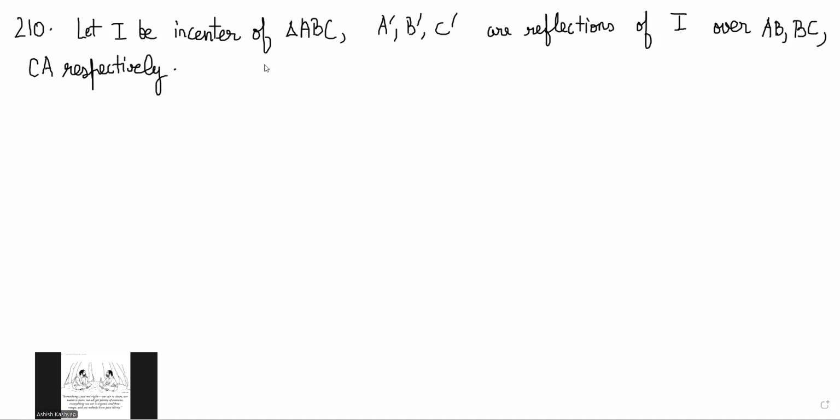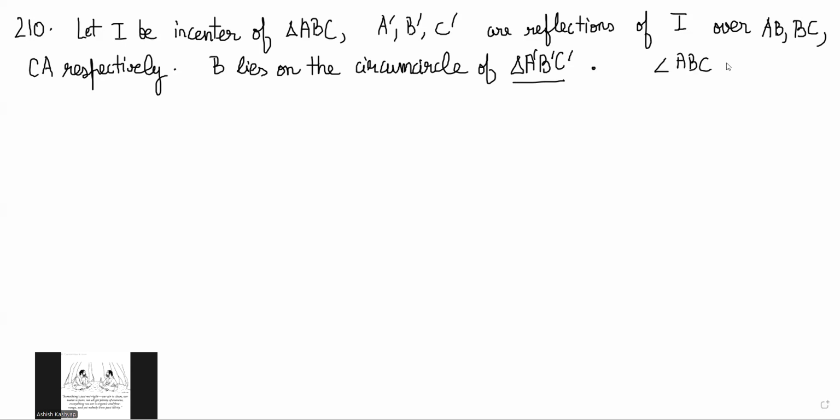The circle through A dash, B dash, C dash. Okay, so B lies on the circumcircle of A dash, B dash, C dash. Right? You have to find angle ABC. Yes, sir.